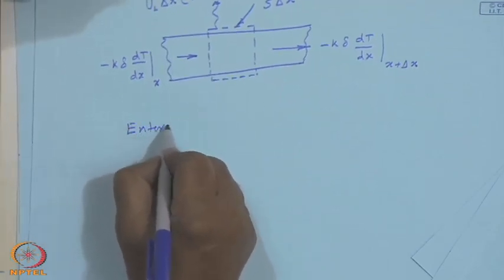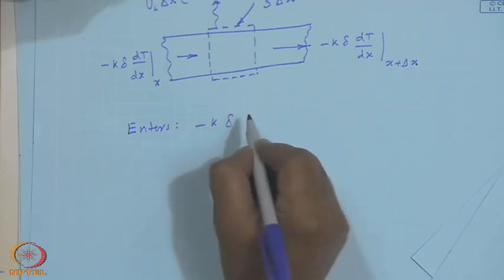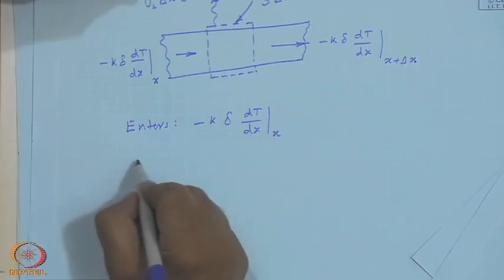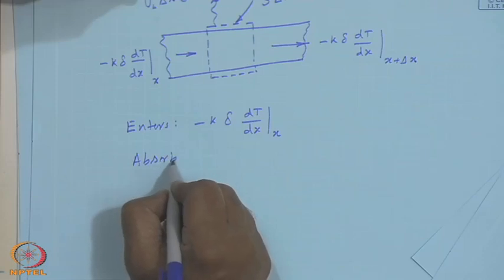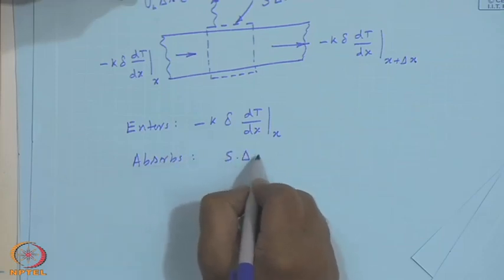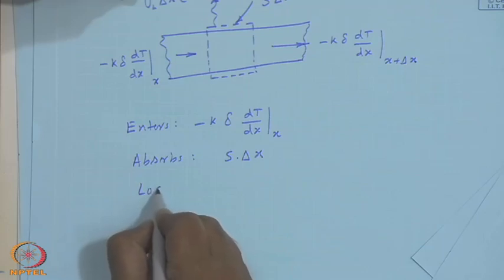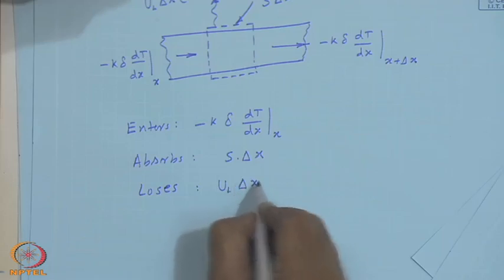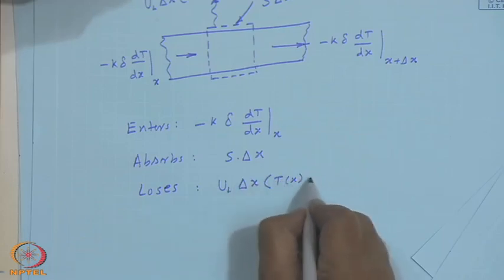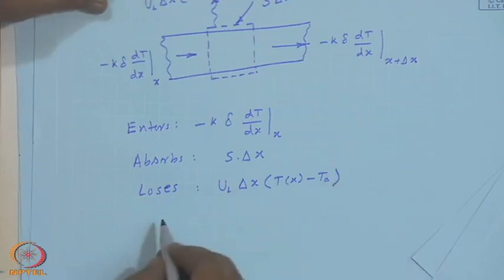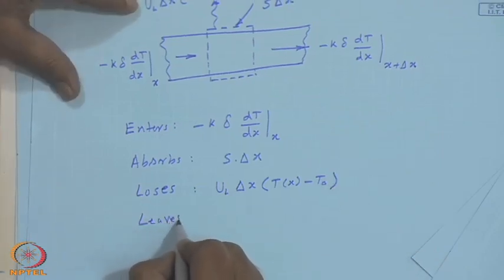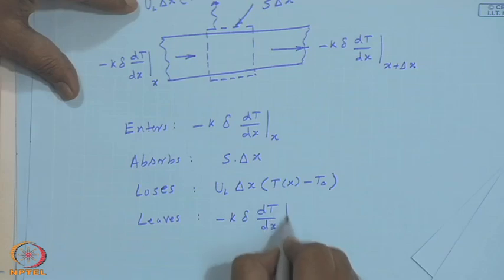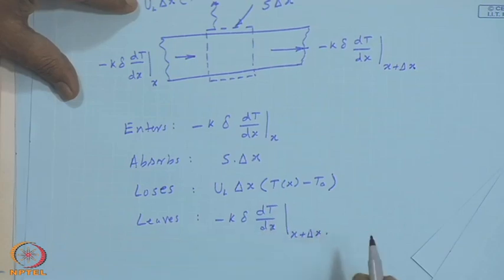So, I can write: enters, minus k delta dT/dx at x; absorbs, S times delta x; loses, U L delta x into T, technically a function of x, minus T a; and leaves, minus k delta dT/dx at x plus delta x.